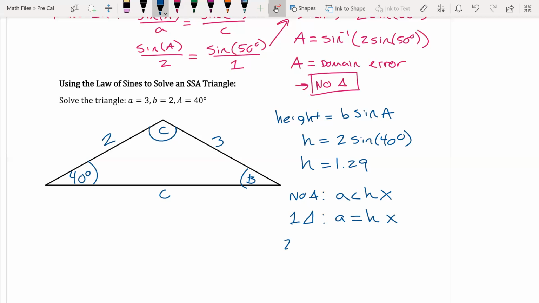And then we'll have two triangles if height is less than A and A is less than B. Well, we know that the height is definitely less than A, but is A less than B?